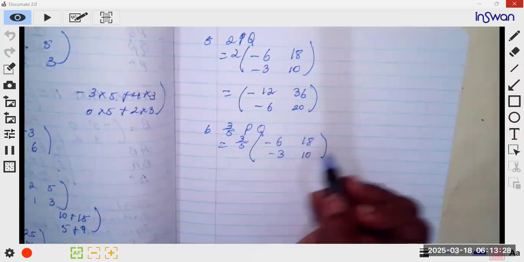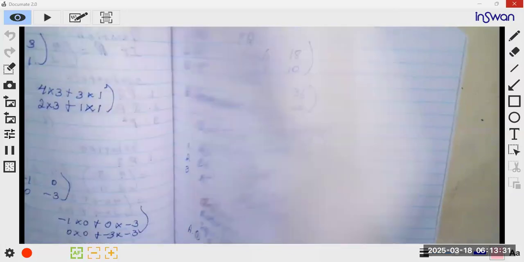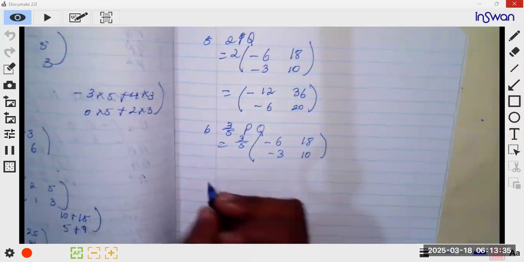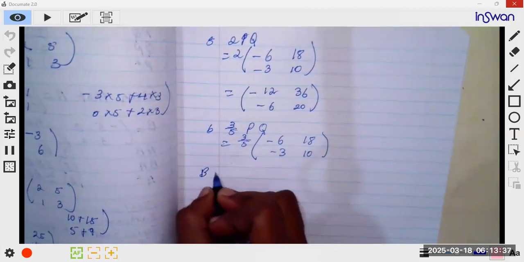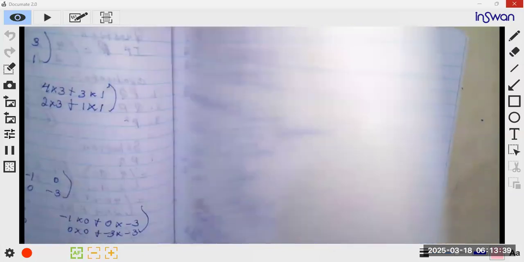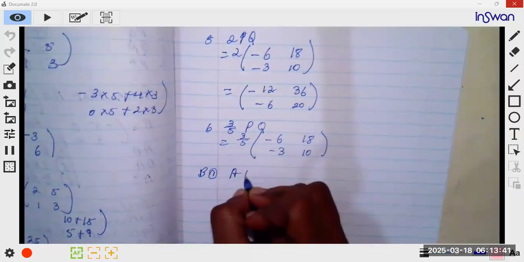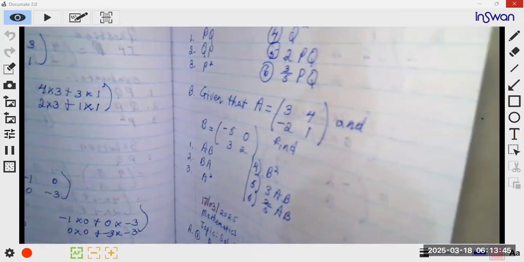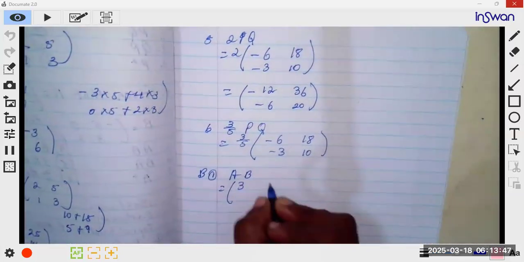All right, so that's number A. Another number A, letter A. So let's go on to letter B. Letter B, number 1: AB is equal to, what is A? A is [3, 4; -2, 1].